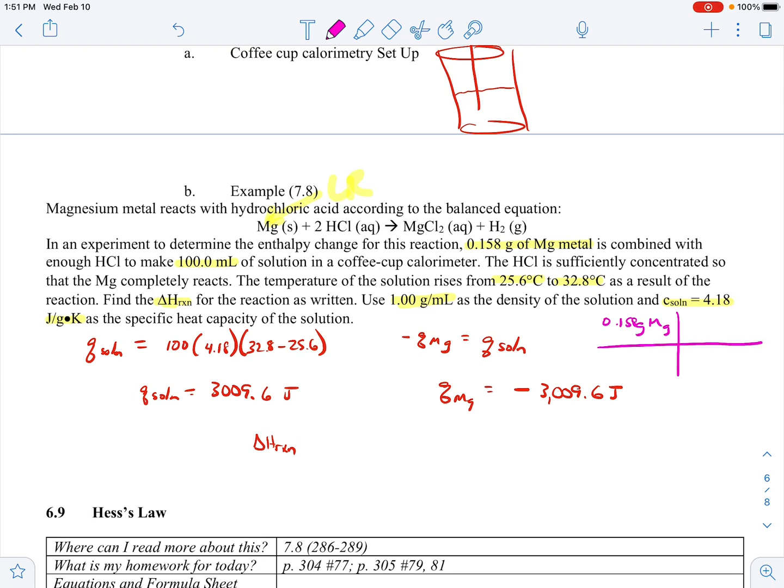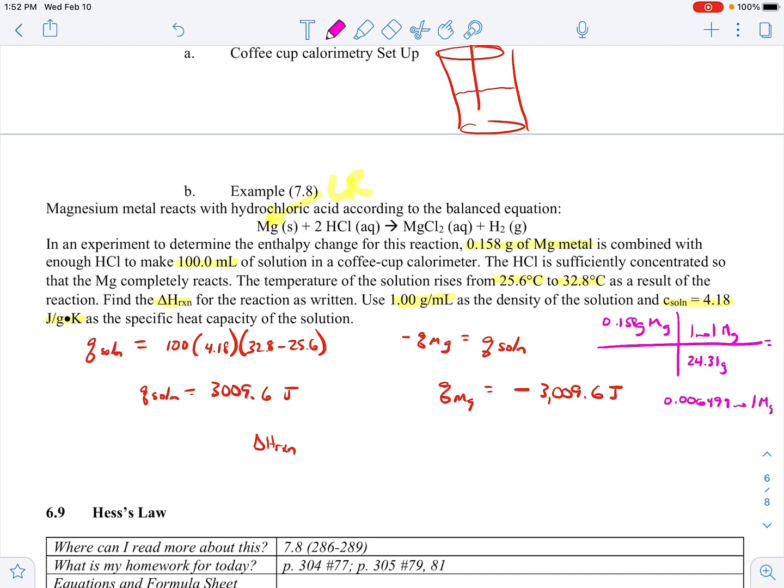So we know the molar mass of Mg is 24.31 grams. 1 mole of Mg there. And we'll do our calculation there. 0.158 divided by 24.31. And we get 0.006499, kind of keep them all for right now. And that's how many moles of Mg we have going.